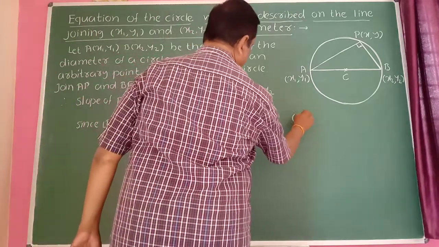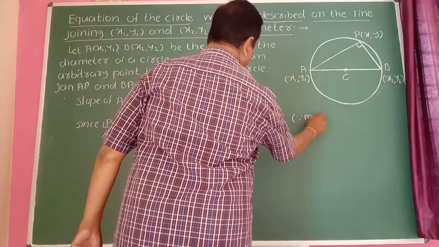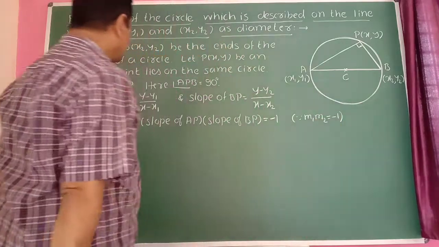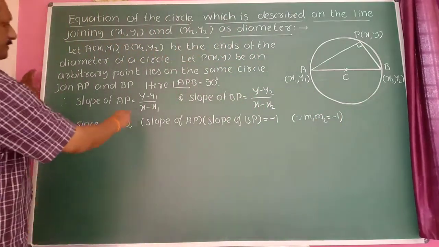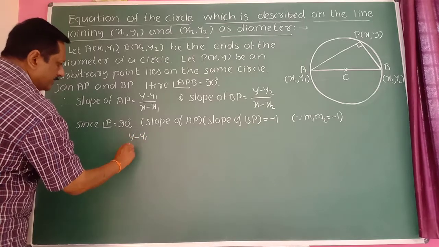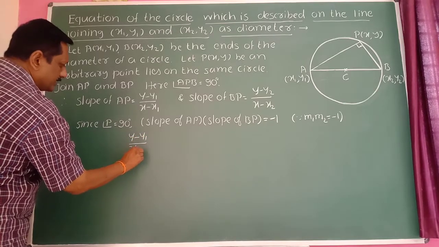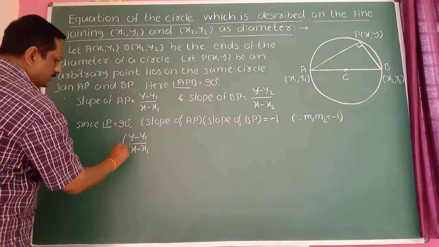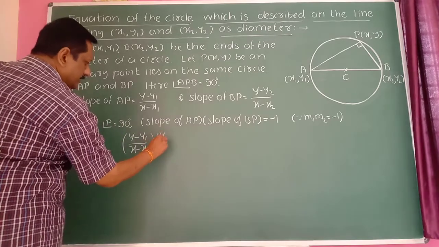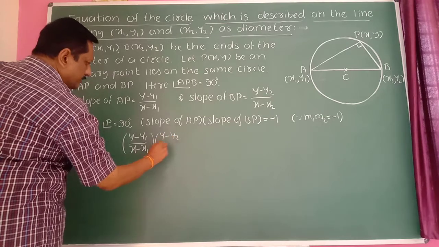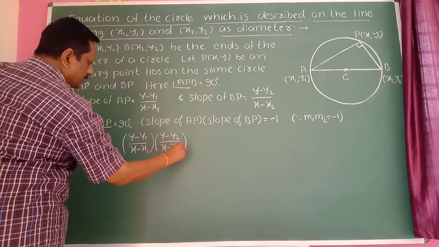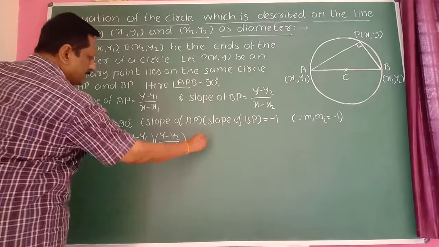You are using the formula M1 into M2 is equal to minus 1. Here the slope of AP is (y minus y1) divided by (x minus x1), into slope of BP, (y minus y2) divided by (x minus x2), that is equal to minus 1.